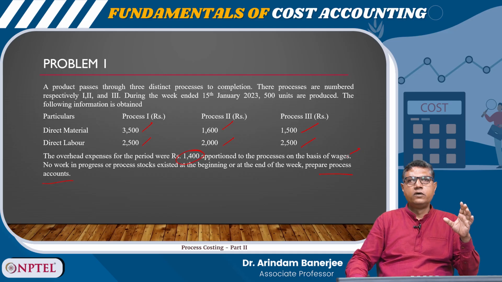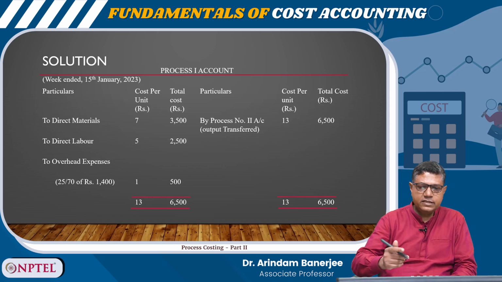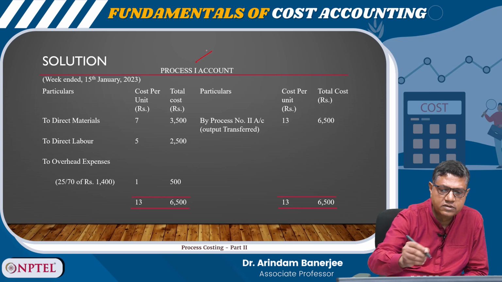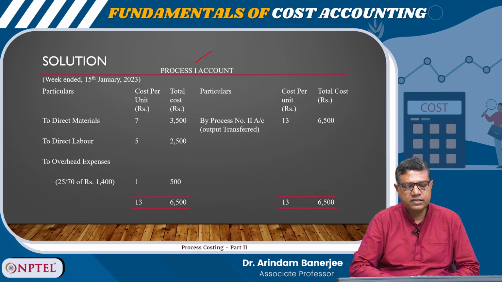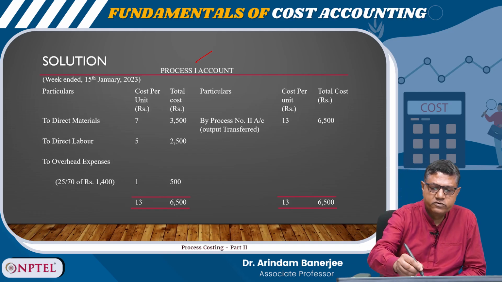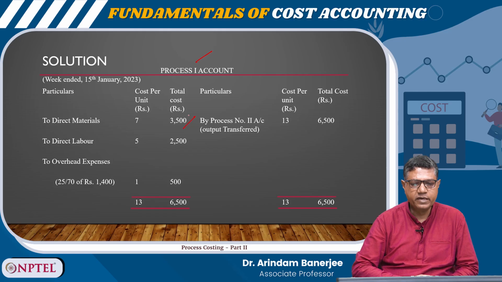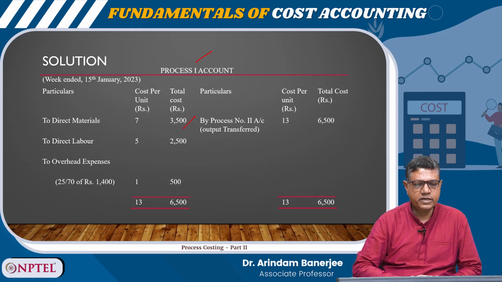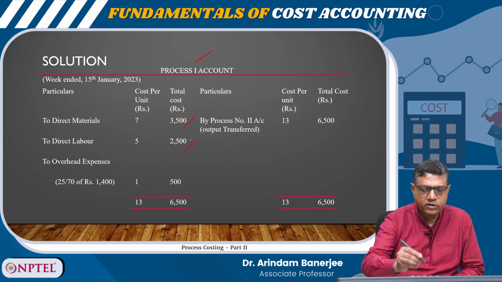Okay, so we will see the solution. First is the process 1 account, right? In the process 1 account, first the direct material is 3500, and direct labor is 2500.